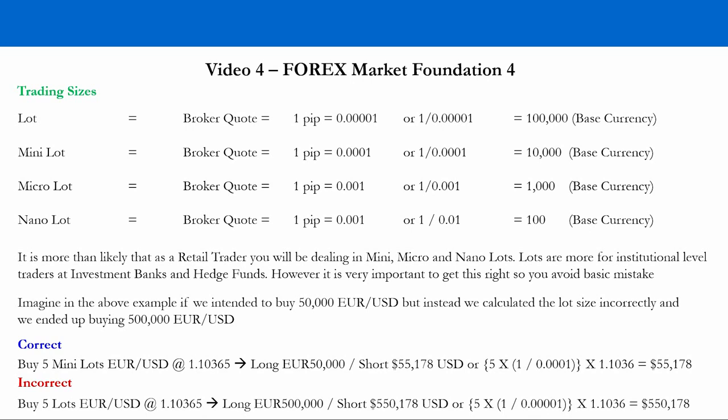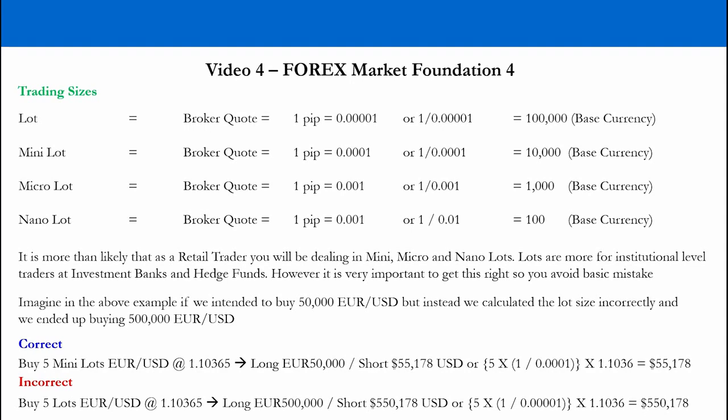So it's really important to get hold of this table and apply this to your own trading platform and make sure that you get the basic computational method correct when working out trading sizes specific to your platform. So that pretty much takes care of trading sizes.